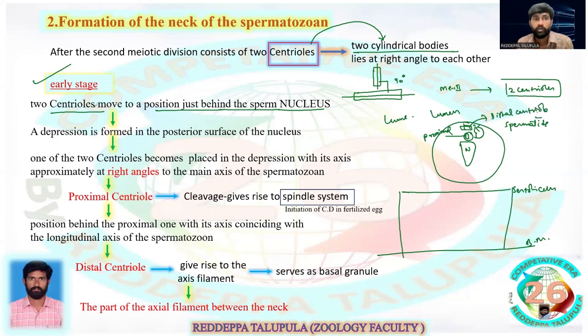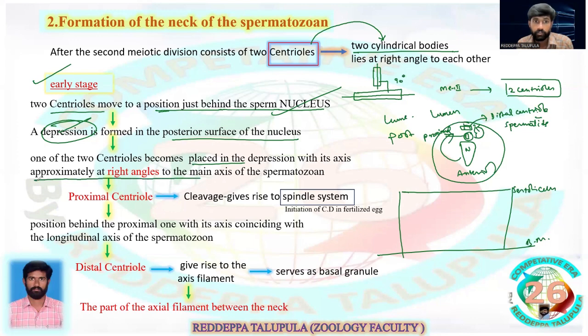See, two centrioles move to a position just behind the sperm nucleus. A depression is formed in the posterior surface of the nucleus. That means here it is anterior, and this is the posterior. Towards the posterior of the nucleus, a depression is formed, and in that depression, one of the two centrioles becomes placed, with its axis approximately at right angles to the main axis of the spermatozoon. Okay, I will show clearly.